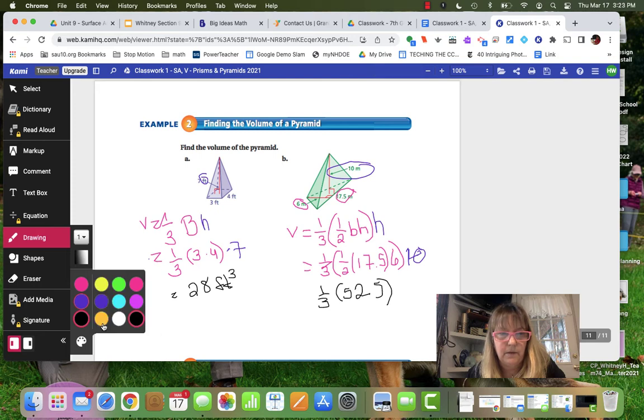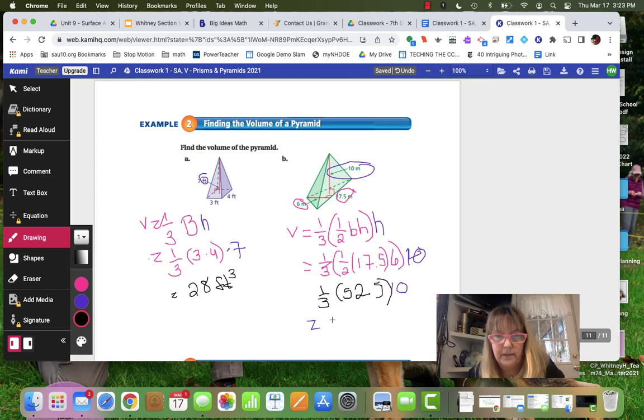Times the 10. And the 10 we had in purple. Times 10. Okay, when we multiply all of that out together, we end up with 175 meters cubed, because we're finding volume.